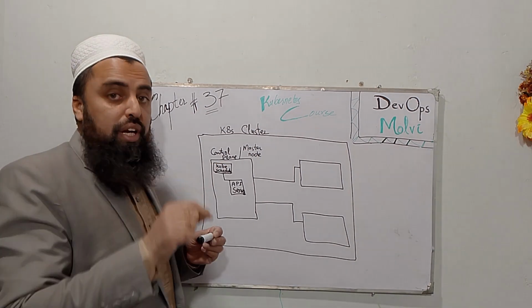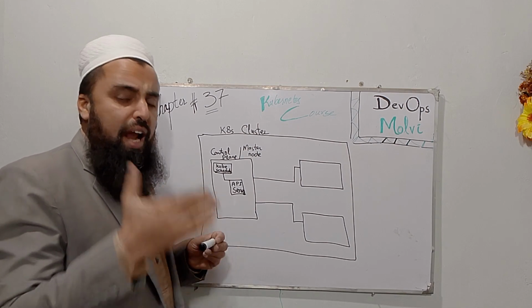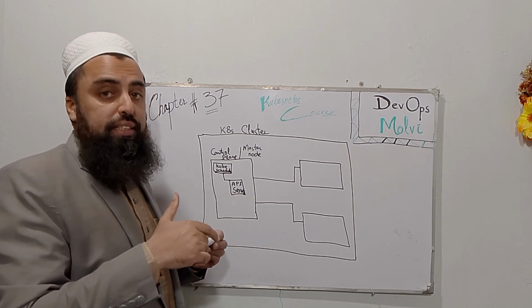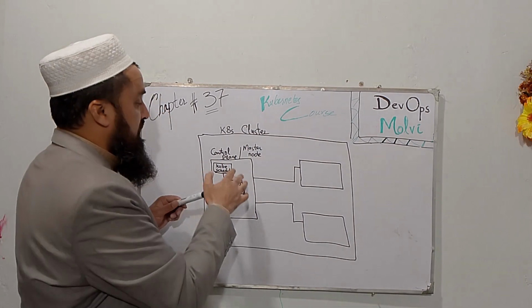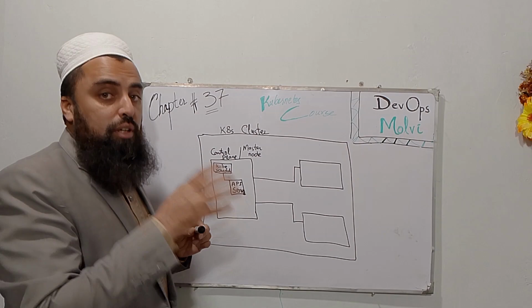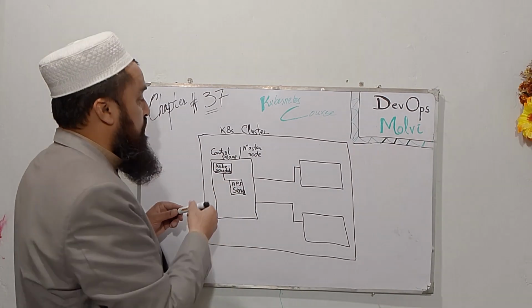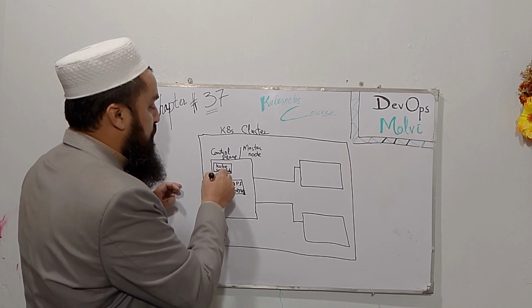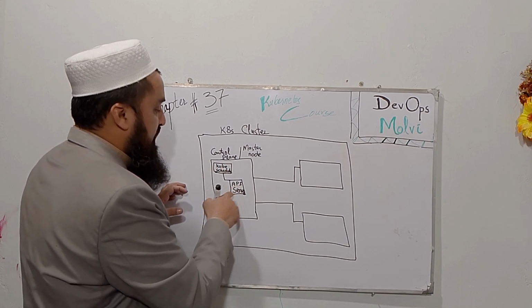And don't worry guys, we are going to discuss each term in our upcoming lectures one by one. Every terminology of Kubernetes would be explained in detail, but for today's lecture you must know what the core components of a Kubernetes cluster are. In the master node we have the control plane, and in the control plane this would be our main component, API server.